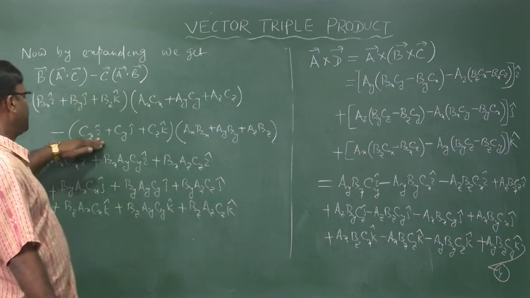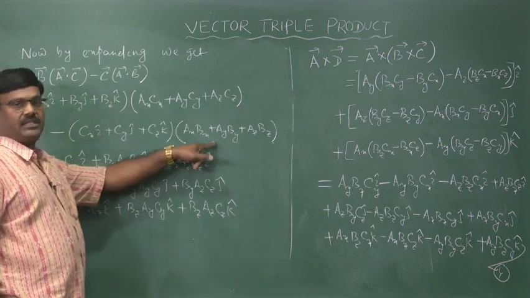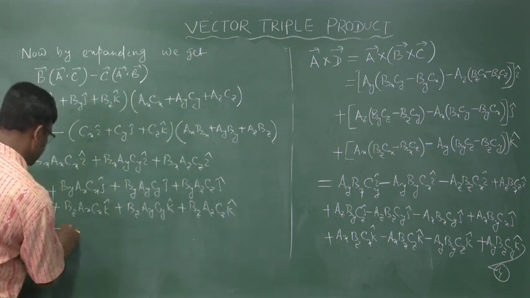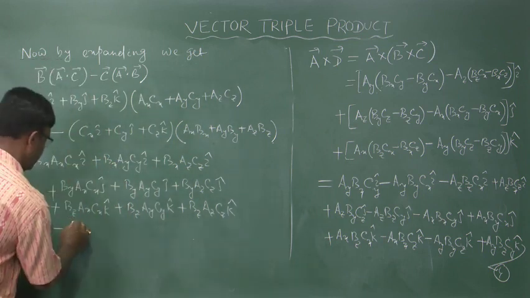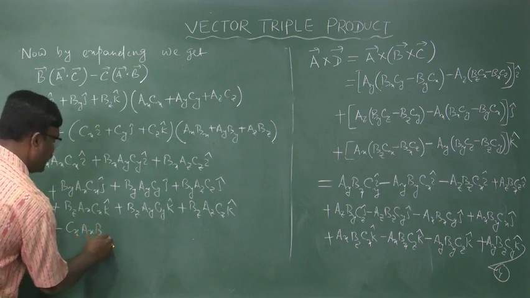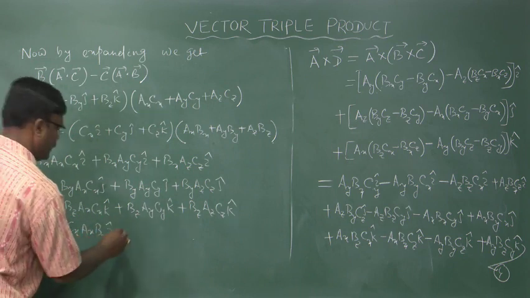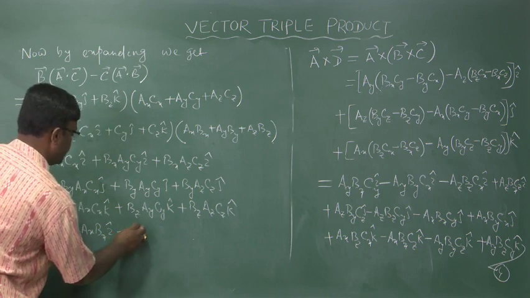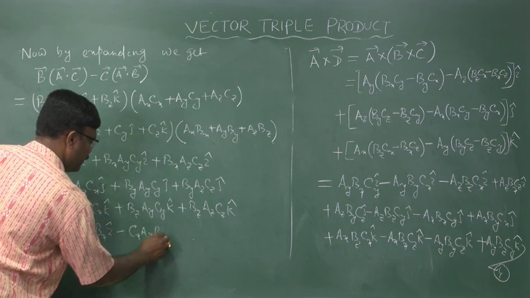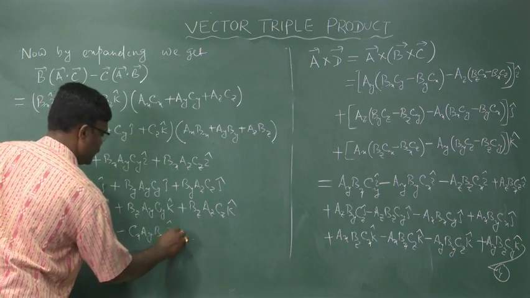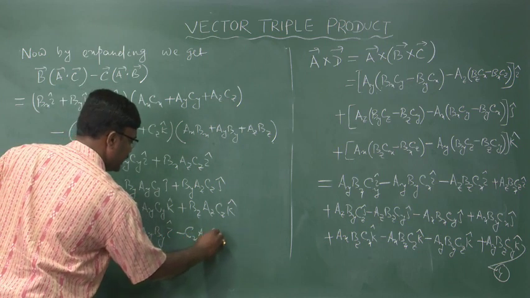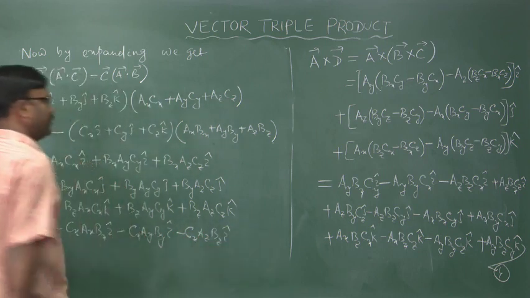Now let us multiply these three terms with these three vectors and we can write minus Cx Ax Bx I cap minus Cx Ay By I cap minus Cx Az Bz I cap.